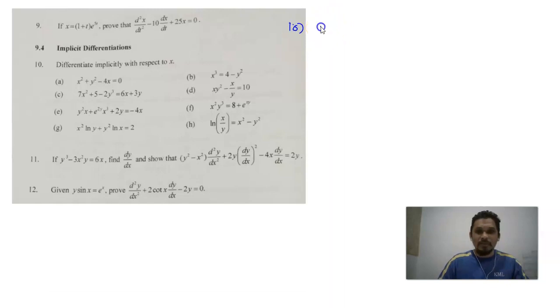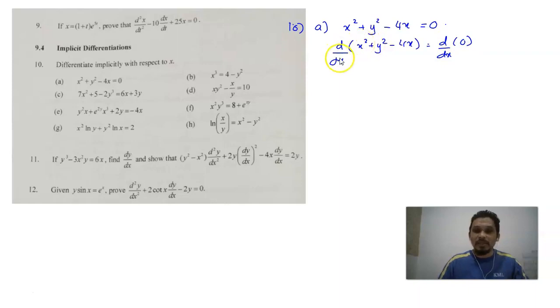For question A, for example, x squared plus y squared minus 4x equal to 0. We're going to differentiate one by one here. Differentiate both sides with respect to x.